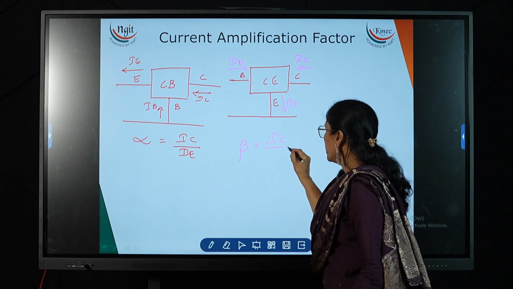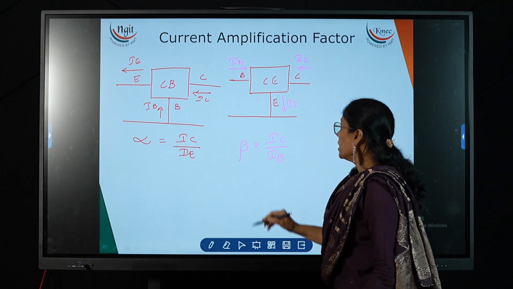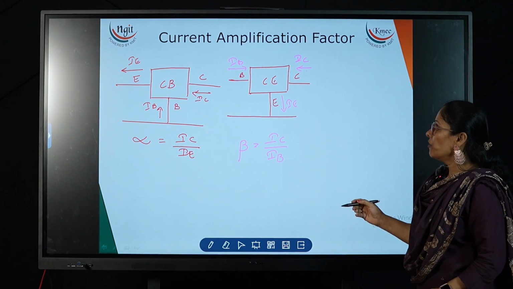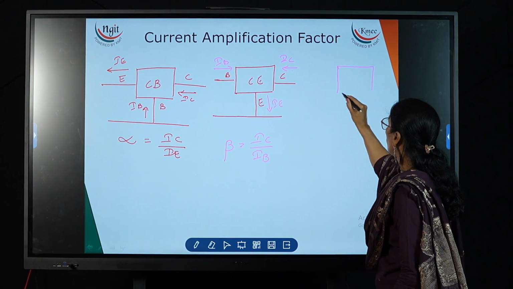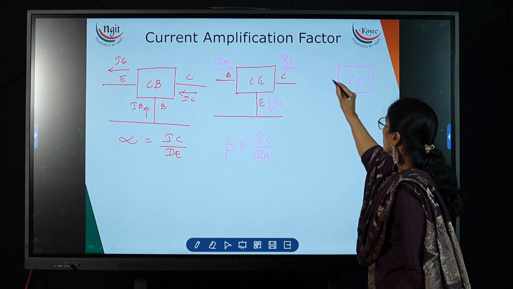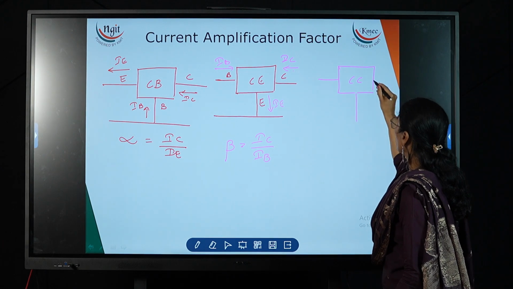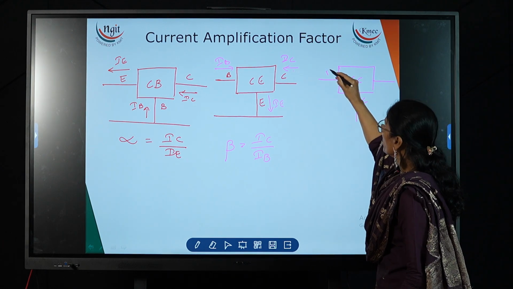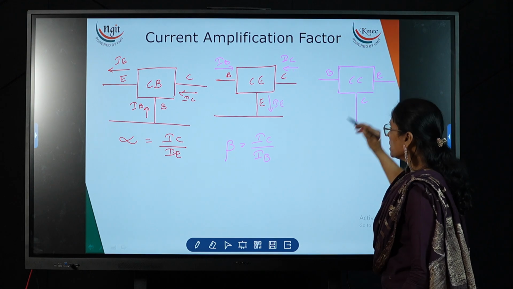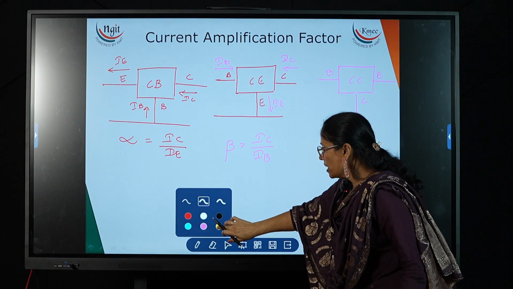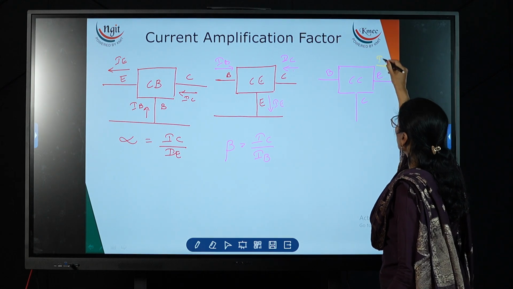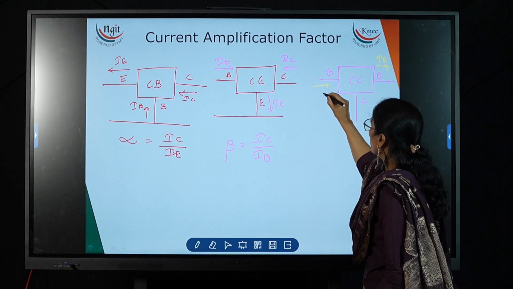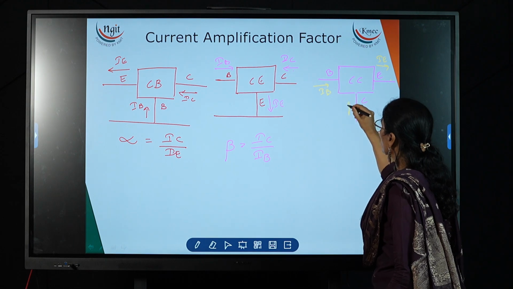So, IC by IB. Similarly, for the common collector configuration, the common terminal is the collector, the input terminal is the base, and the output terminal is the emitter. The emitter current is the leaving current, the base current is entering, and IC is entering.